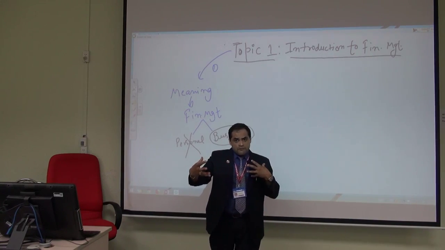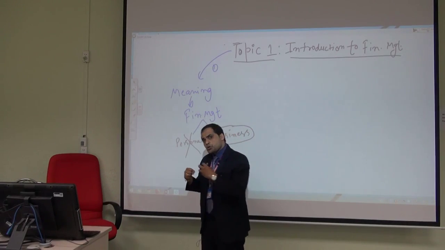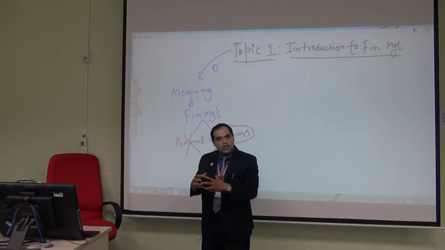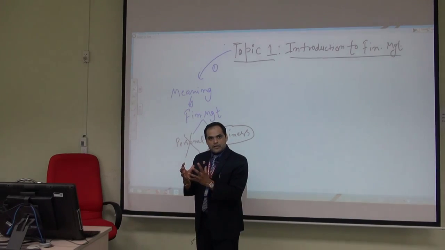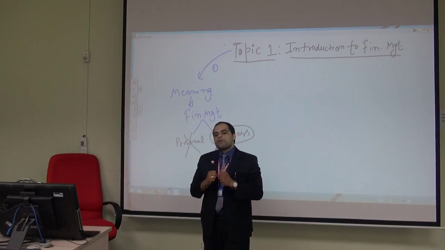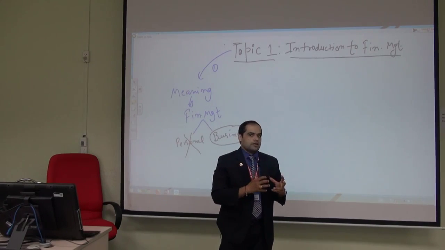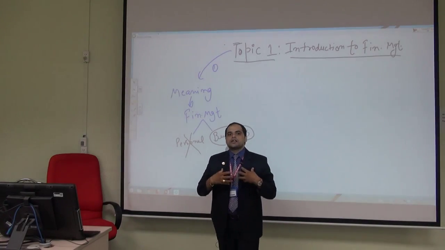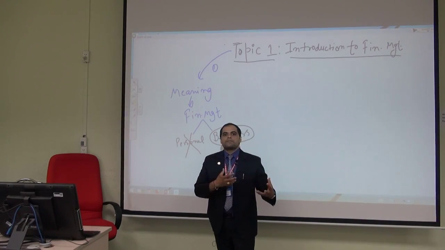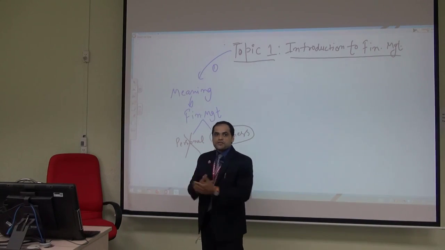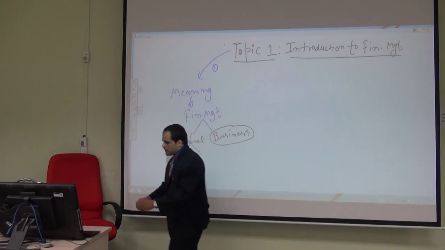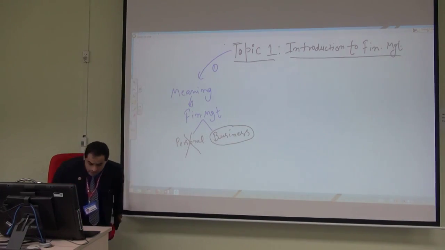So we buy a product to sell it, that's called the business process. If we buy a product to consume it, you are considered a consumer, so it's nothing to do with business. In business, you buy to sell in order to make money. So that's the meaning of business.